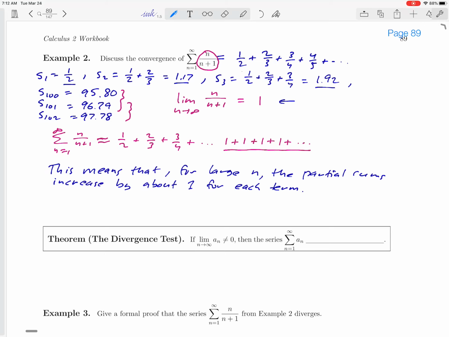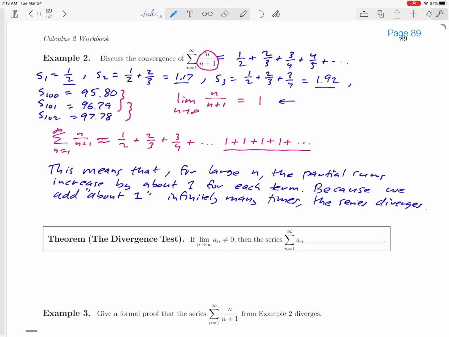We get to a point where we're adding something close to 1 every time we add a new term. And what that means is that since we do that infinitely many times, this sum has to go off to infinity. All right, so we can finish this statement by saying because we add about 1 infinitely many times, the series has to diverge. It goes off to infinity.